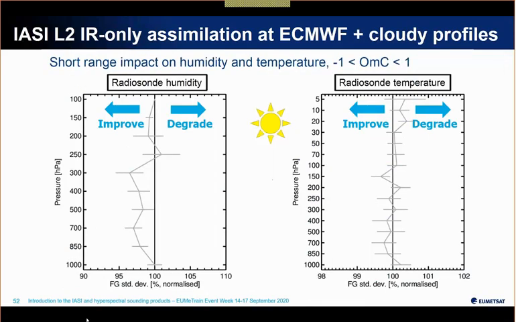And we moved a bit further and tried to ingest also cloudy retrievals. So here you're seeing the performance of the forecast compared to SON. There is an improvement if we go to the left and degradation if we go to the right, for humidity and for temperature. As I said, temperature, we don't improve, we don't degrade, we are neutral. And humidity, we improve. But that's clear sky.